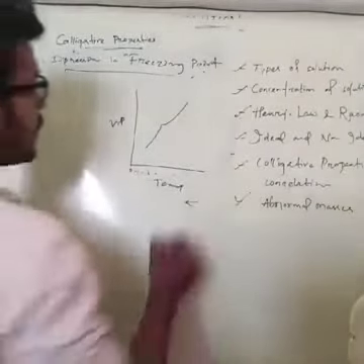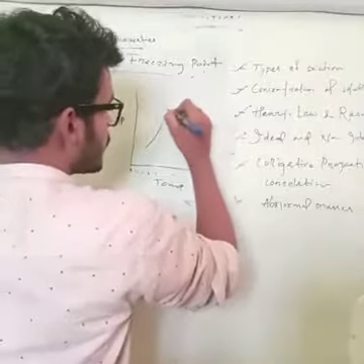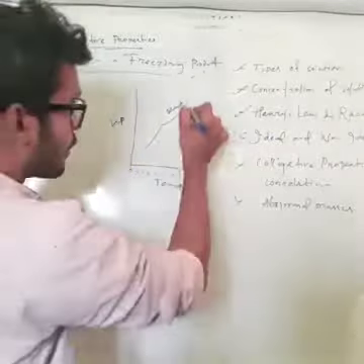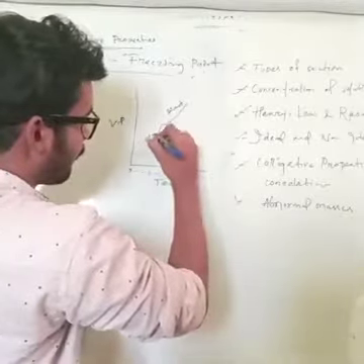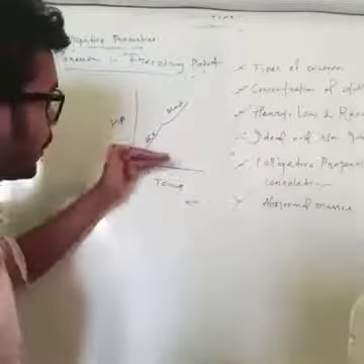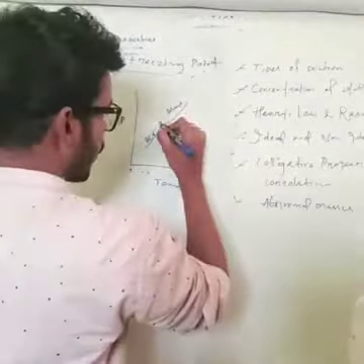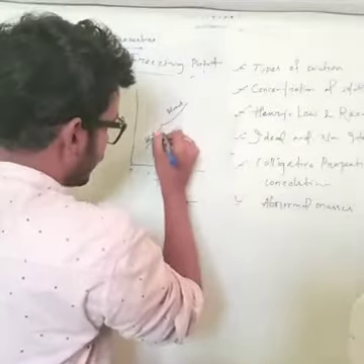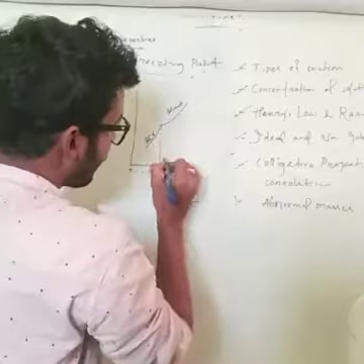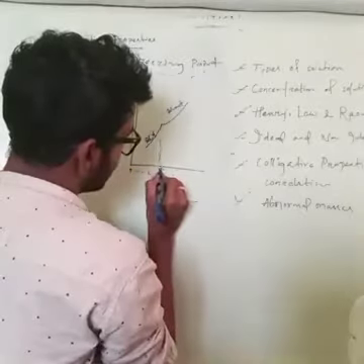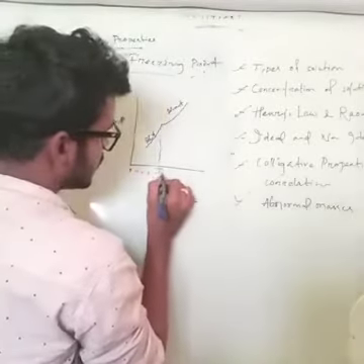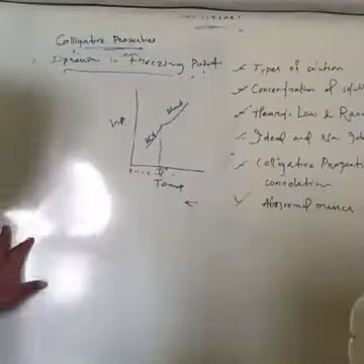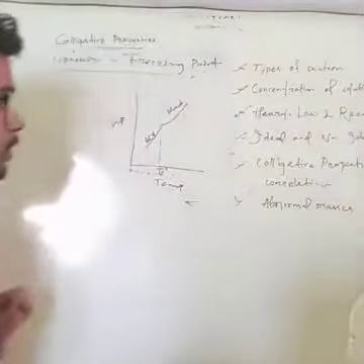This is the pure solvent liquid, and this is the solid at minimum temperature, and this is the point where it freezes. Let's say this is TF naught.